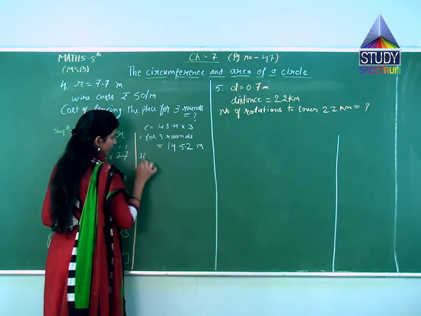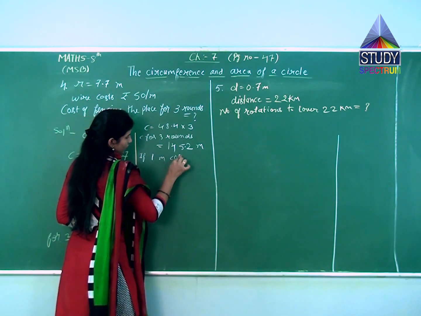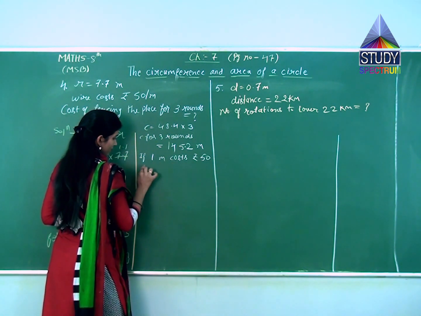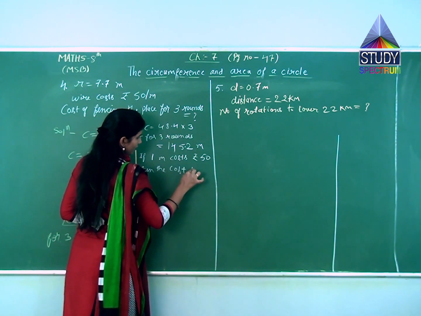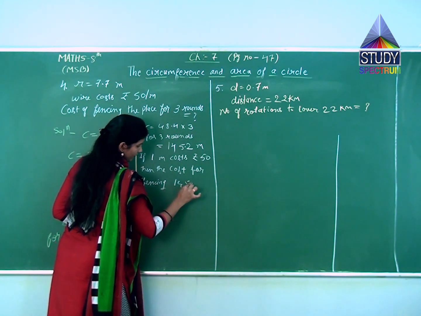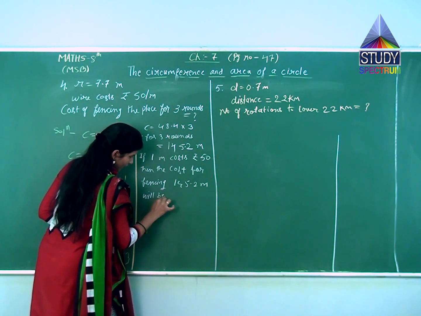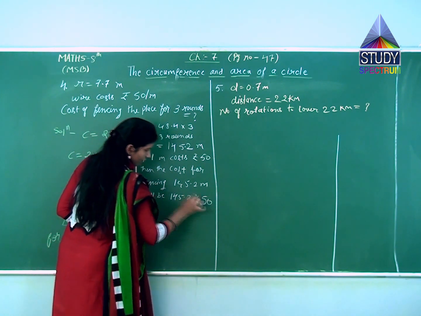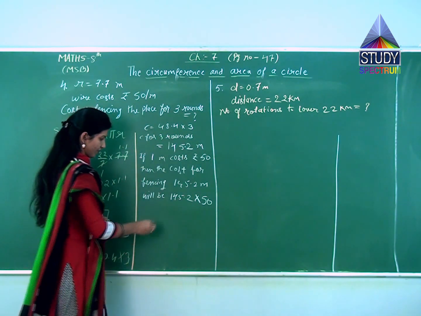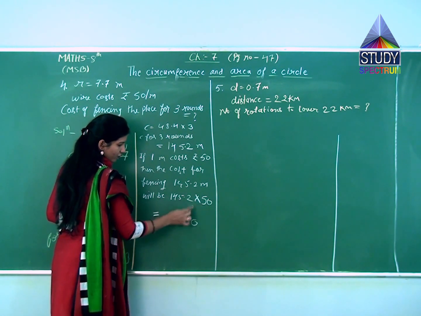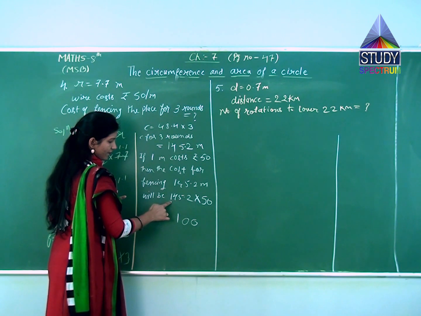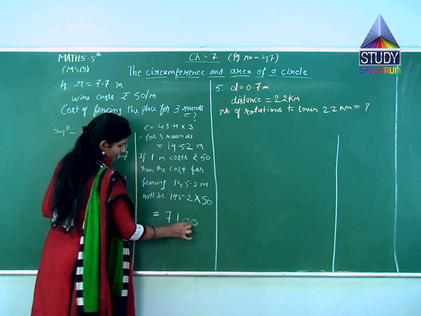In the next step we will write: if 1 meter of fencing costs rupees 50, then the cost for fencing 145.2 meters will be 145.2 into 50. 1 meter costs 50, so how much will 145.2 meters cost? 145.2 into 50: 0 as it is, 5 twos are 10, 1 carry, 5 fours are 20, 20 plus 1 is 21, 2 carry, 5 ones are 5, 5 plus 2 is 7, and a decimal will come here.